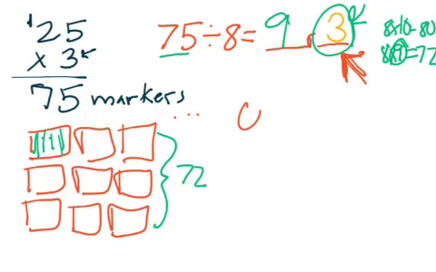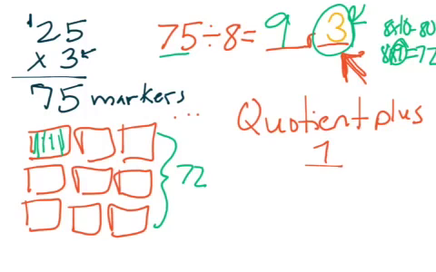So for this problem, this is a quotient plus 1. I have to add 1 more to my quotient to make sure that I'm ordering enough markers for all of my students. So if my quotient is 9, I'm going to add 1 to that. My question's asking me how many packages of markers will she need?